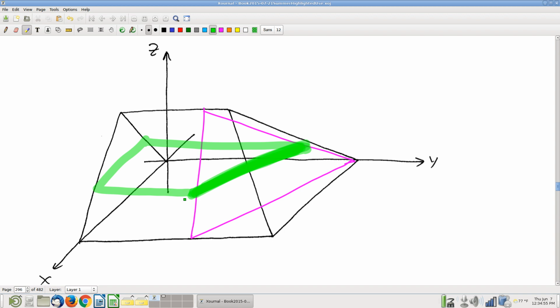If we were to do our y slicing next, note what our y slices would look like. Our y slices would look like this, right up to the point where I would hit that corner, after which they would change. Specifically, instead of the upper bounds of x being determined by this edge, it'd be by that edge. So that's a bad choice.